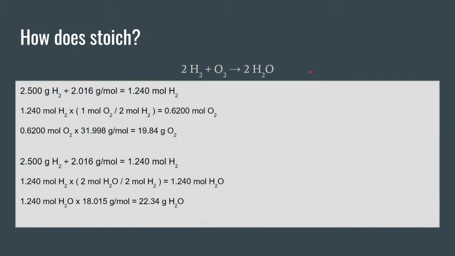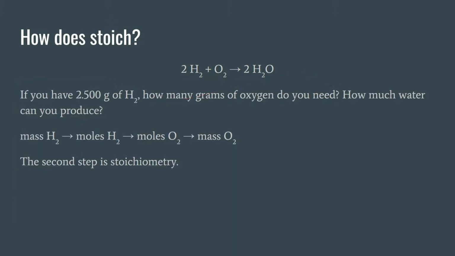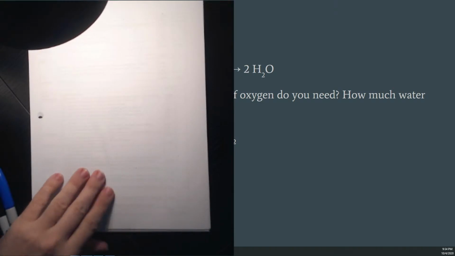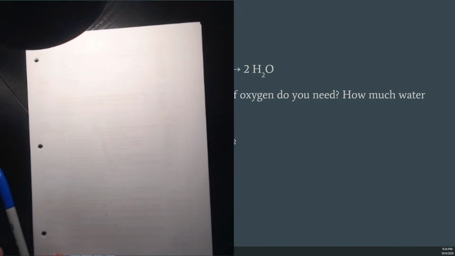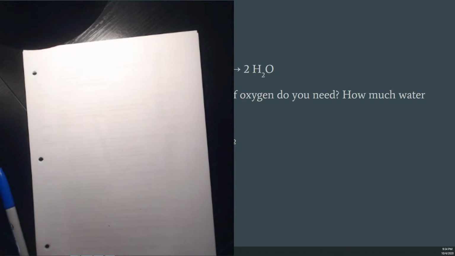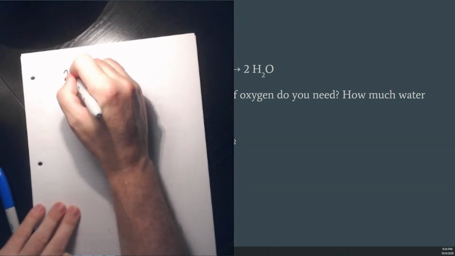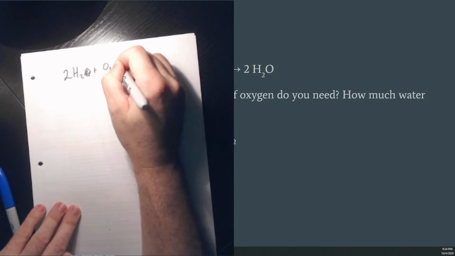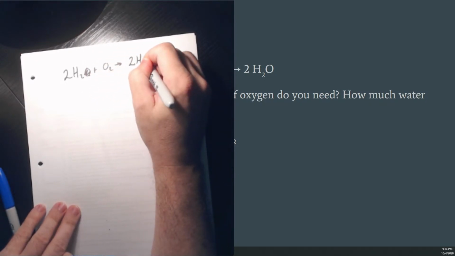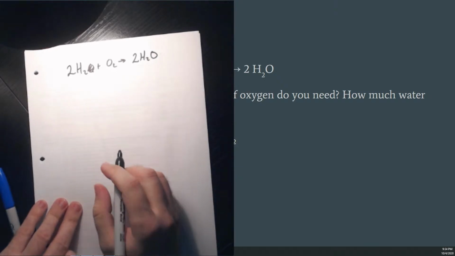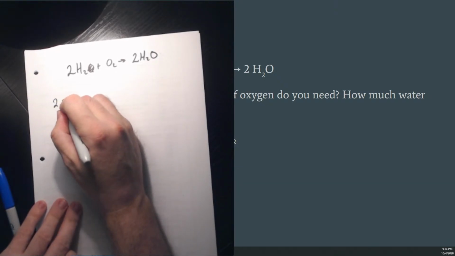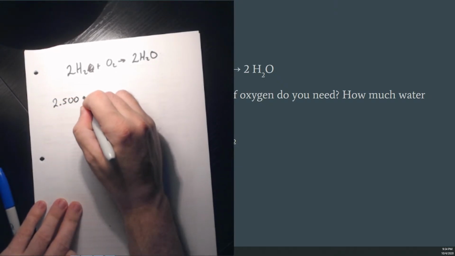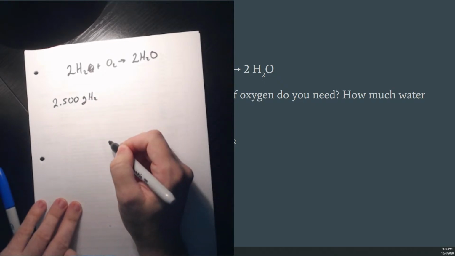So, I will go ahead and write it out by hand in this case because you're going to need to see that. So here's our balanced reaction. I'll go ahead and write that back down. All right, so we have 2.500 grams of hydrogen.